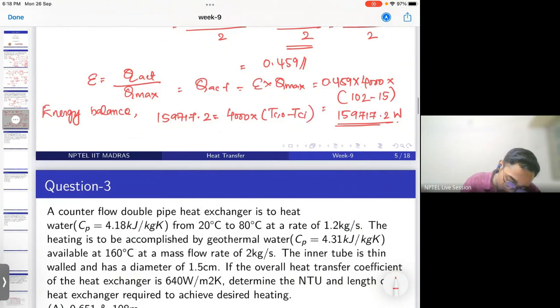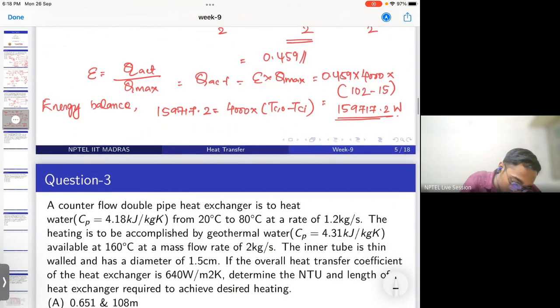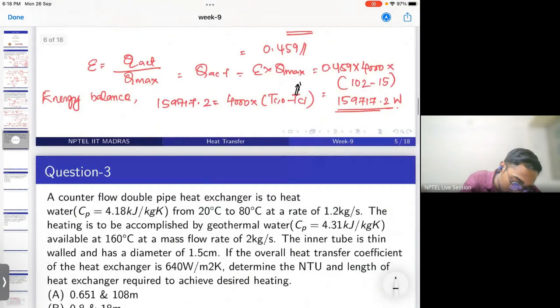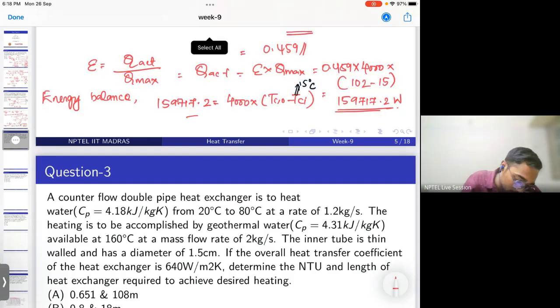Tci is given, which is 15 degrees Celsius. So from that we can directly find out Tco.